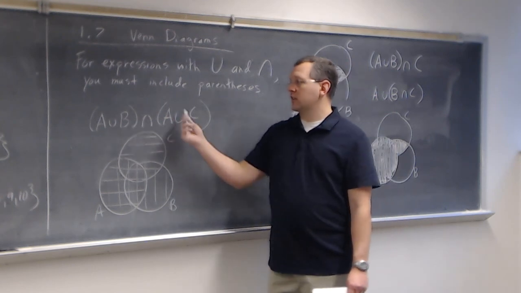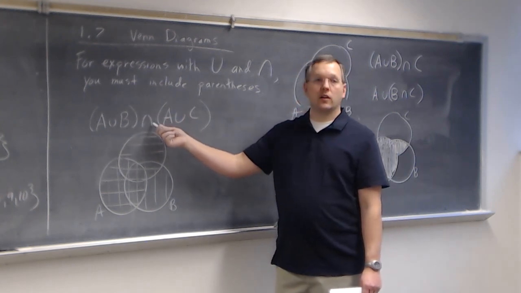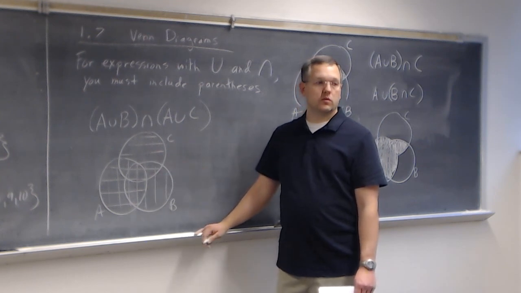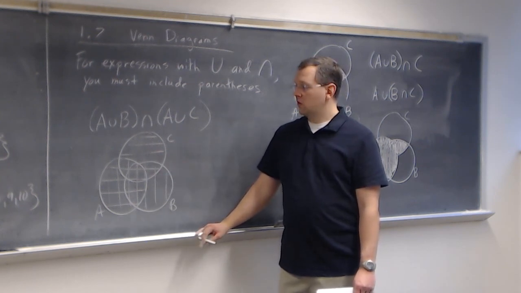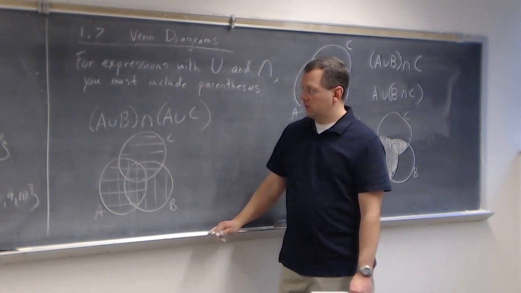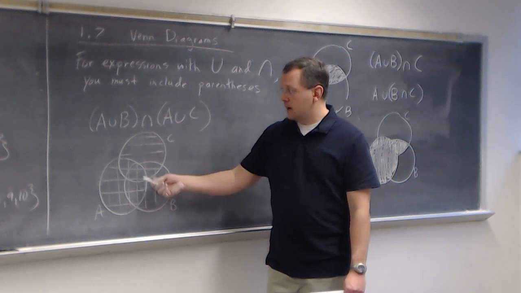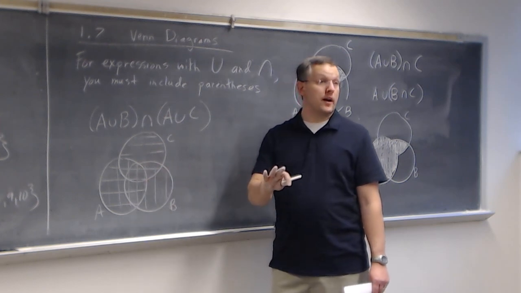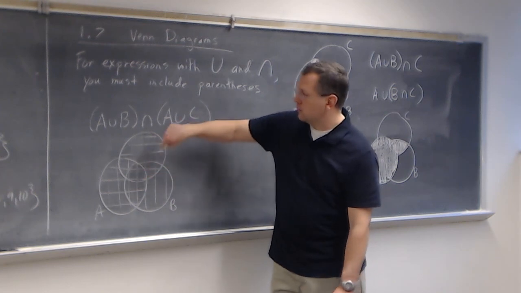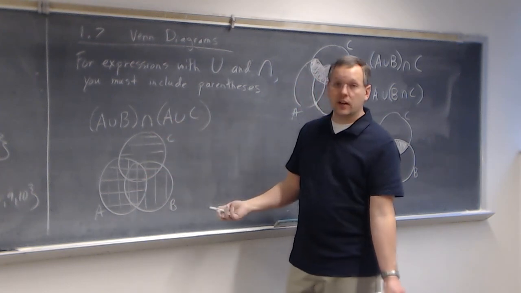If I take the intersection of these two sets, which regions am I talking about? What does the shading look like for the answer? Any region where they're shaded both times, right? Vertical lines was A union B, horizontal lines was A union C. So which regions got shaded in twice?